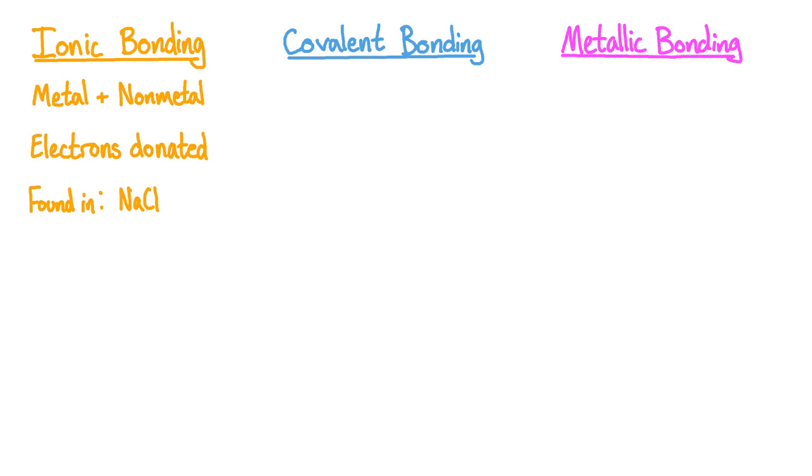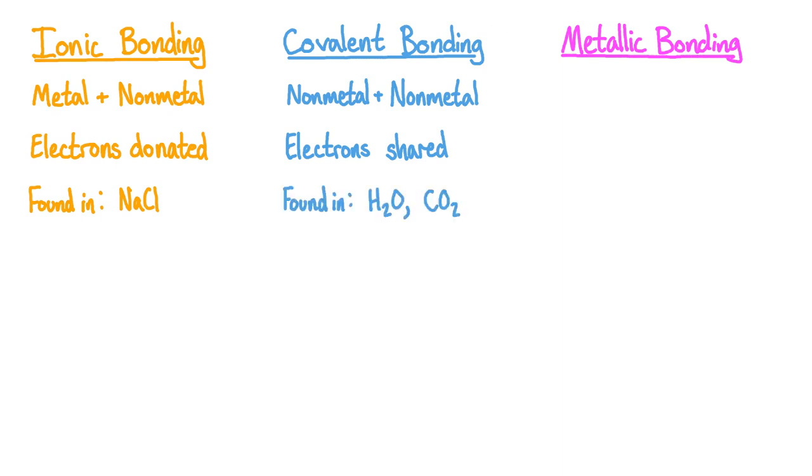While ionic compounds like sodium chloride may include metal elements, they are not themselves metallic substances. Covalent bonds occur between atoms of non-metal elements. In covalent bonds, the electrons are shared between the atoms rather than being donated completely to one side or the other. Simple examples of substances that contain covalent bonds include water and carbon dioxide.